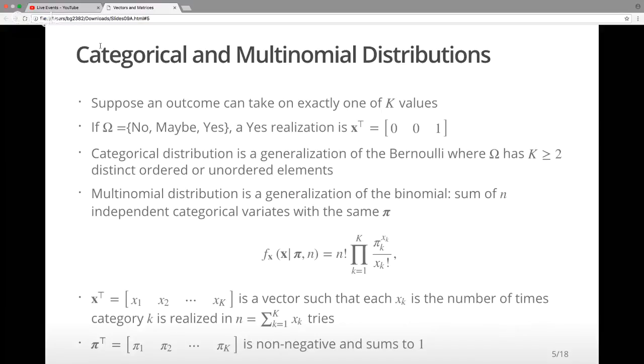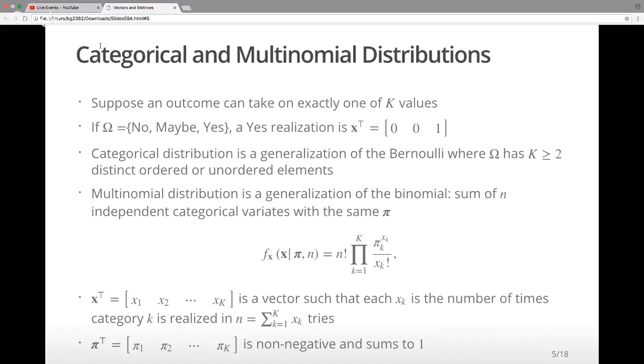So we can represent this in a number of different ways. Anyway, that's our sample space. The categorical distribution is a generalization of the Bernoulli distribution when the sample space has at least 2.